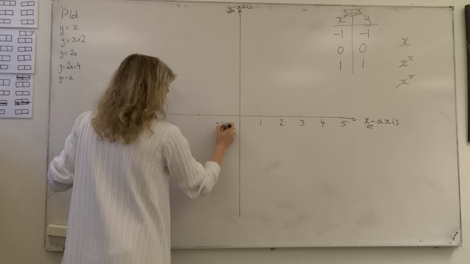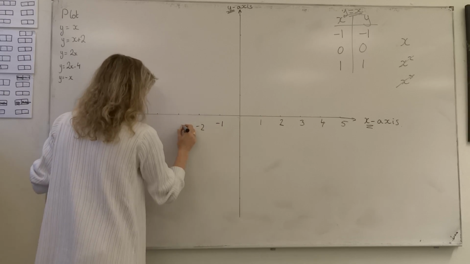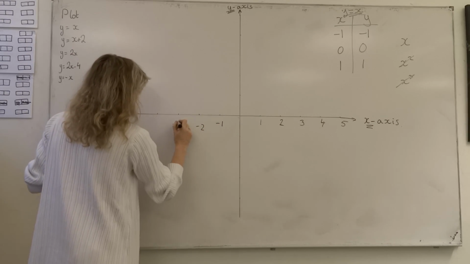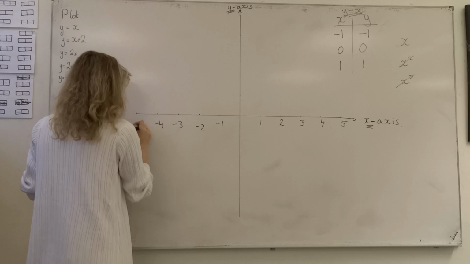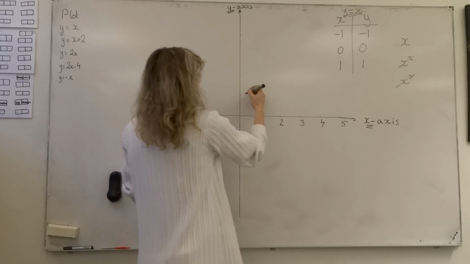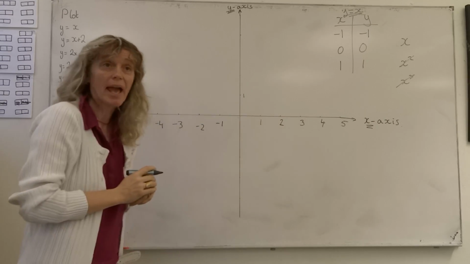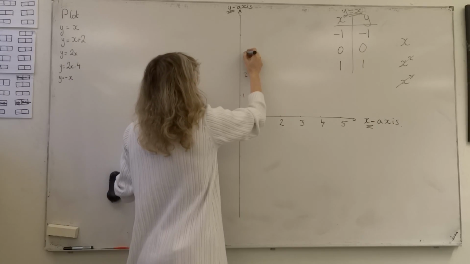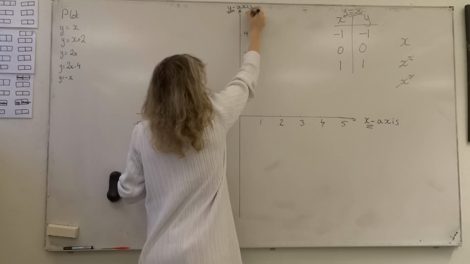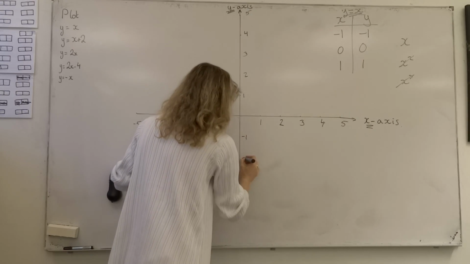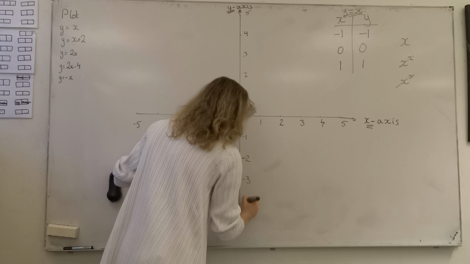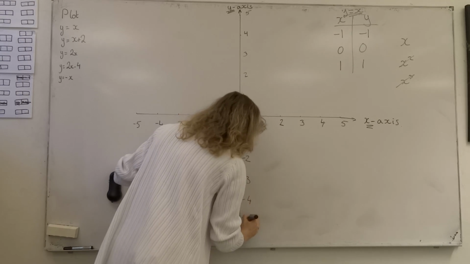And here, minus 1, minus 2, minus 3, minus 4, and minus 5. And likewise, on my y-axis, I've decided to use exactly the same scale. 1, 2, 3, 4, 5. Minus 1, minus 2, minus 3, minus 4, and minus 5.